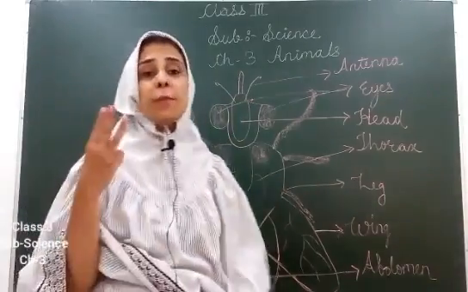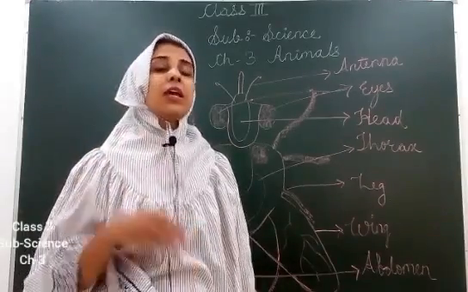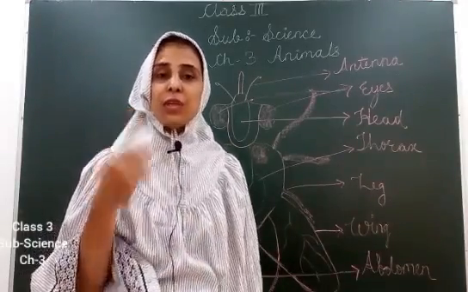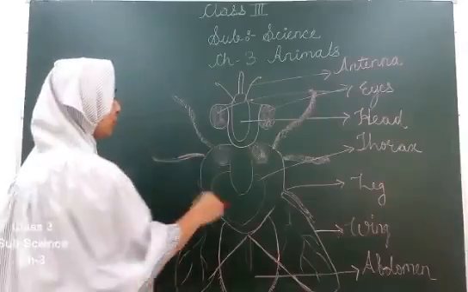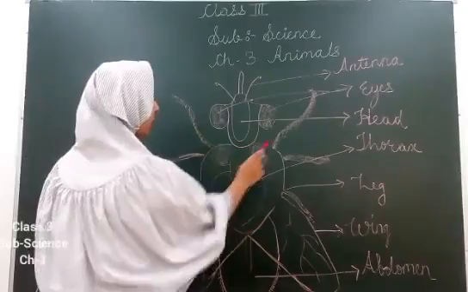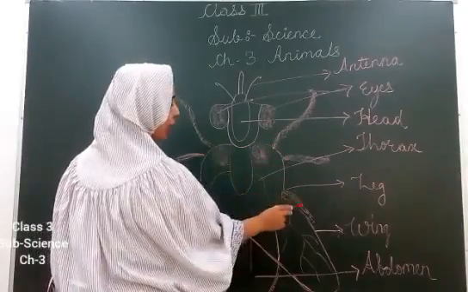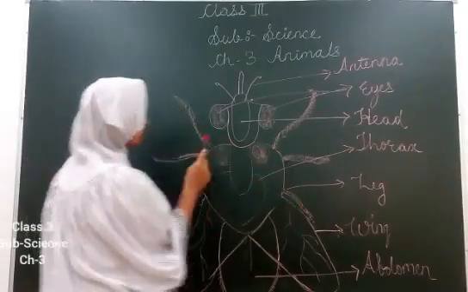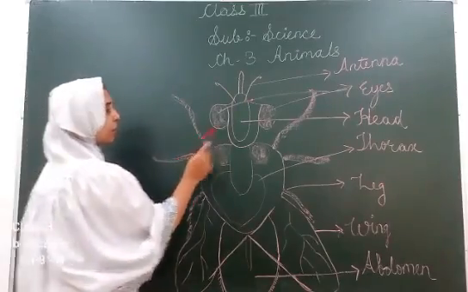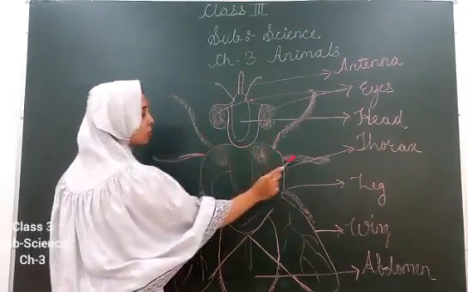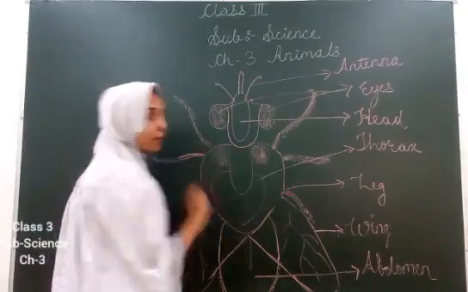It has 3 pairs of legs. All the insects have 3 pairs, which is in the middle part. This is first, second and third. Can you see this? 1, 2, 3. 3 pairs.